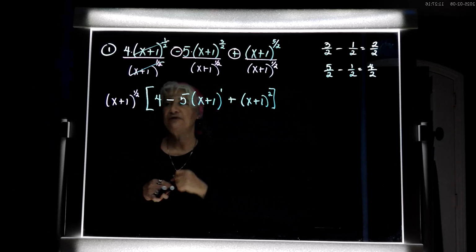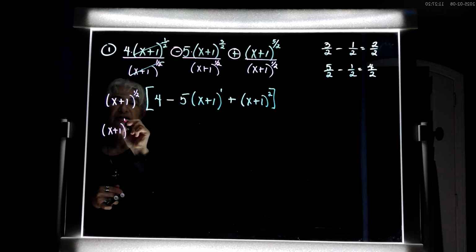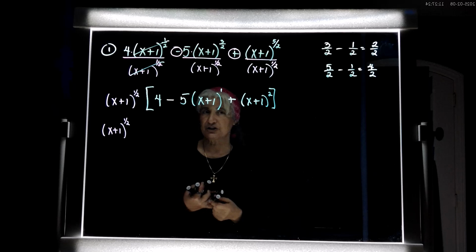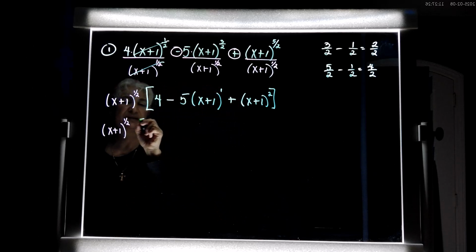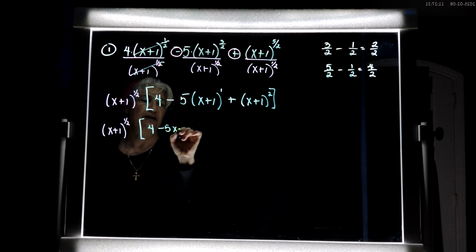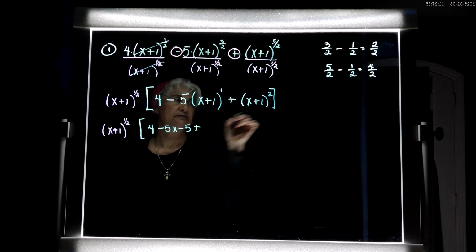Okay, that wasn't too bad. As long as you find the correct power to factor out, the brackets aren't too bad. What remains in them is not too bad. So we definitely have 4. Would you agree it's minus 5 times x plus 1, plus x plus 1 squared?